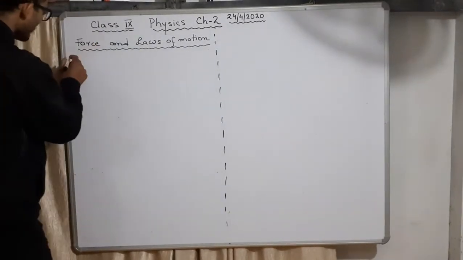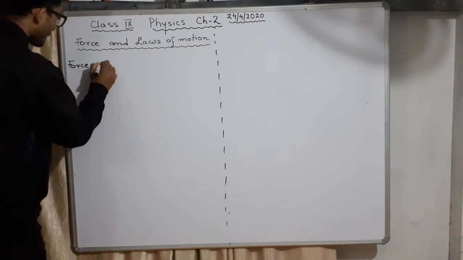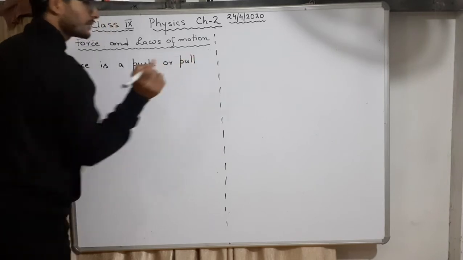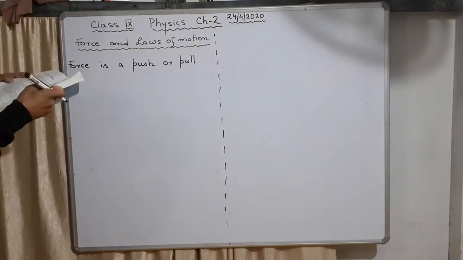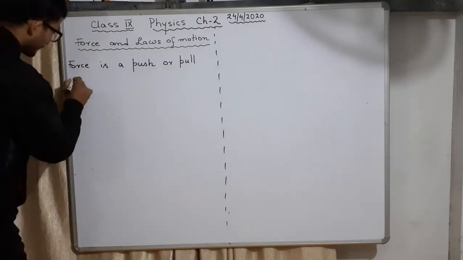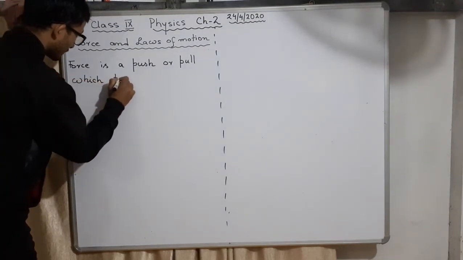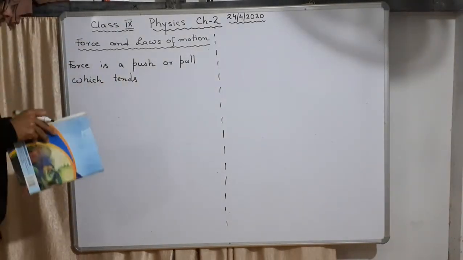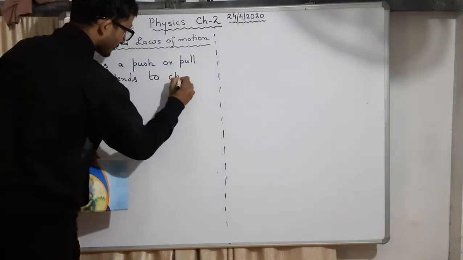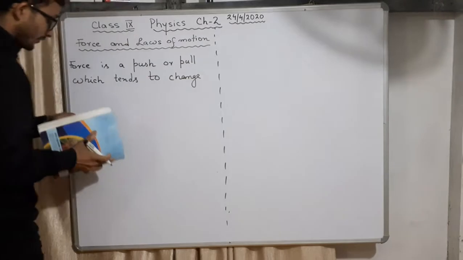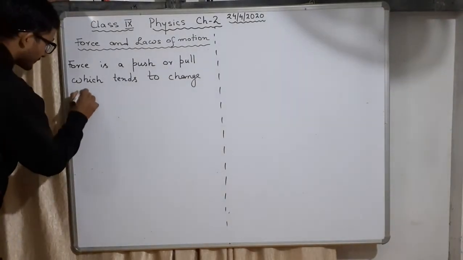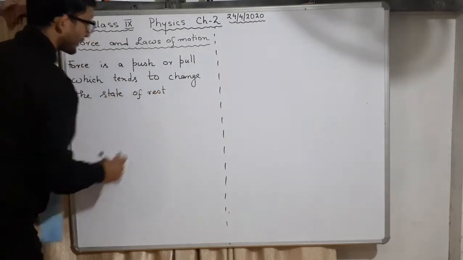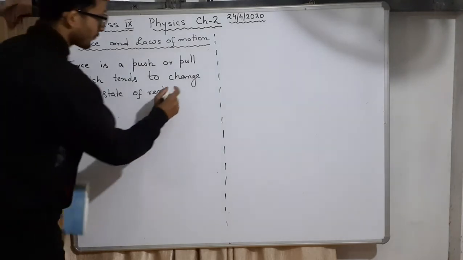After that, force is a push or pull. I insist you write all these things. Push or pull which tends, means tries, tends, or sometimes it is successful in its trial, to change the state of rest or of uniform motion.